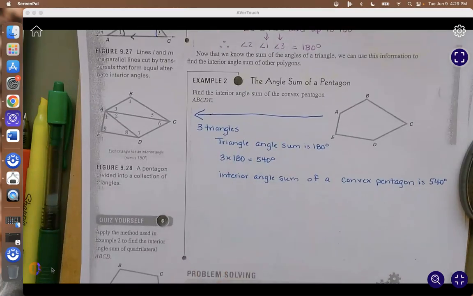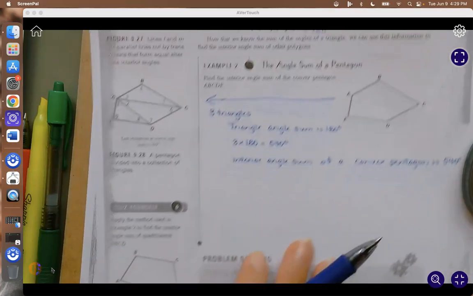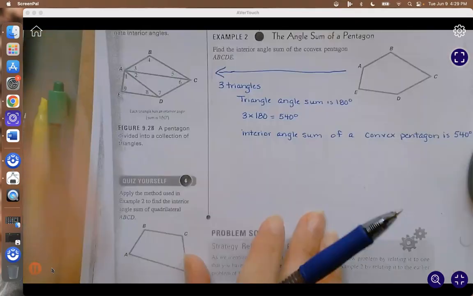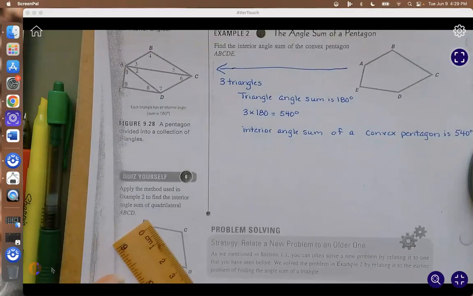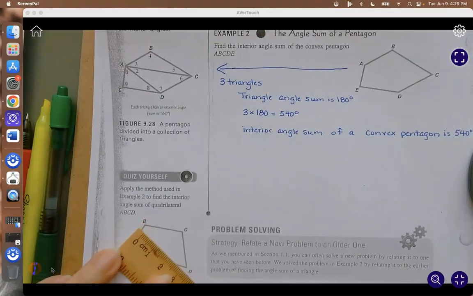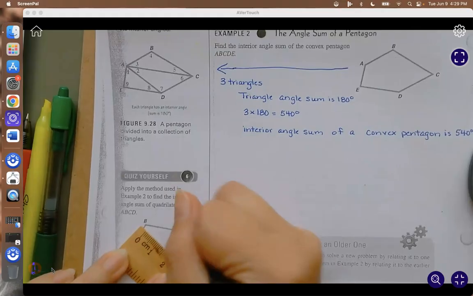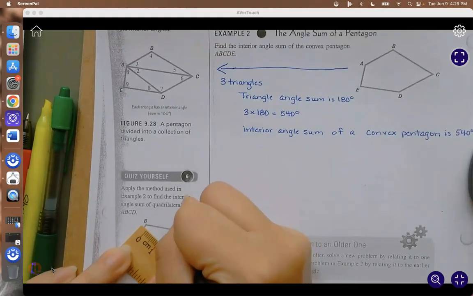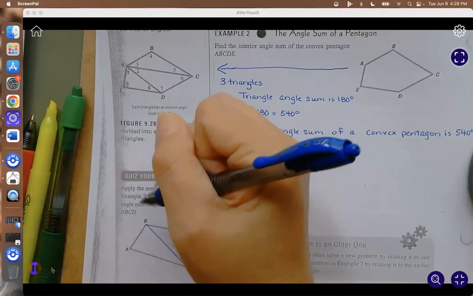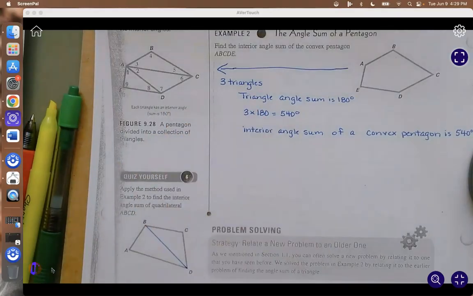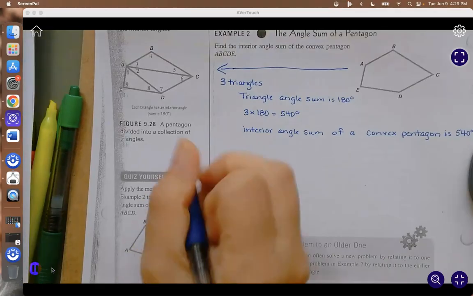Okay? Now, let's go to the quiz yourself. Let's look at a 4-sided figure. How many triangles can I make out of this without crossing over myself? I'll look right here. I can draw and make 2 triangles.